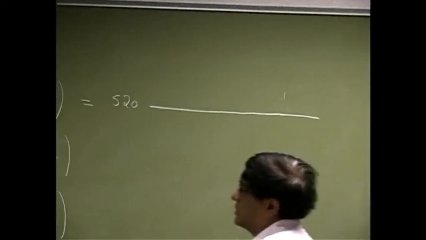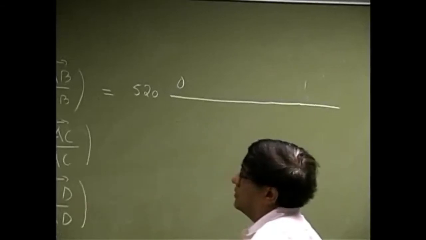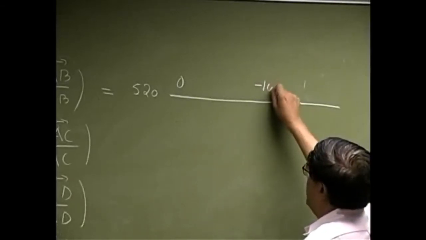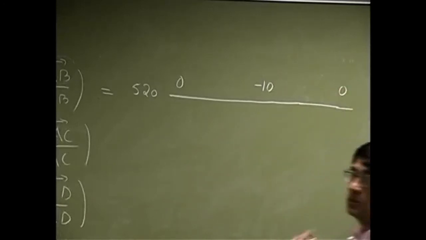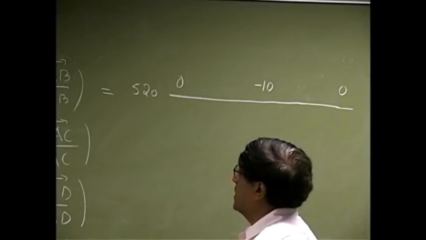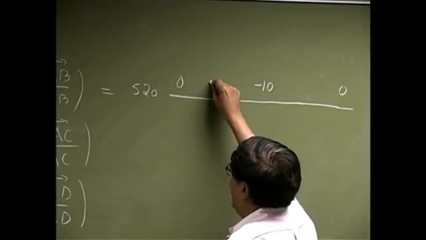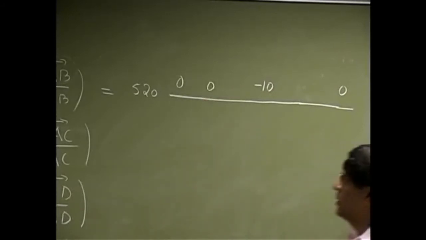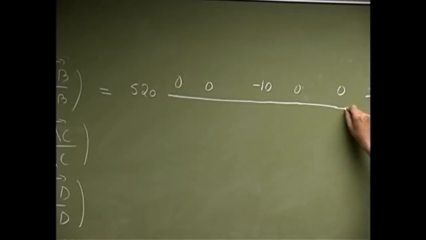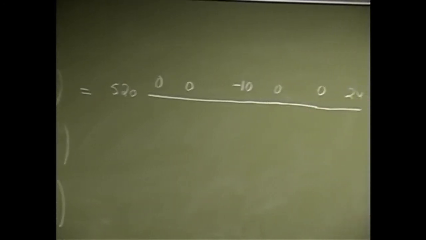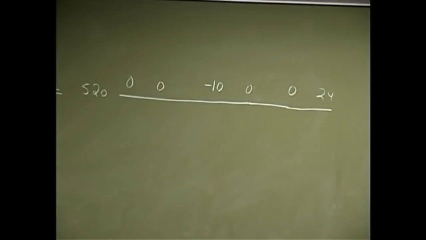So let me see if we get 0, -10, and 0. So these are the coordinates of point B. Then for A, you have a 0, then we have another 0, and then we have 24. So that's the coordinate of point A.